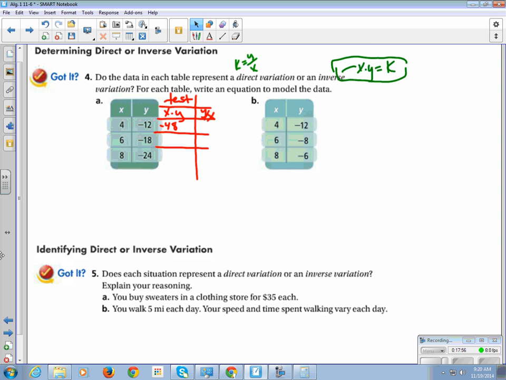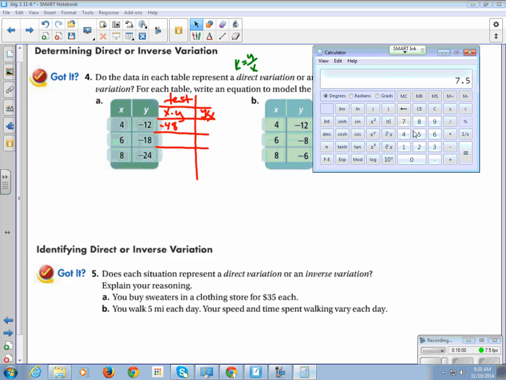Now you're testing my skills. If it's inverse, it should be negative 48, not negative 108. So our test for inverse variation failed, because k should be constant. I don't know why k means constant, but it does. 8 times negative 24. Yeah, negative 192. So this is a big fail.